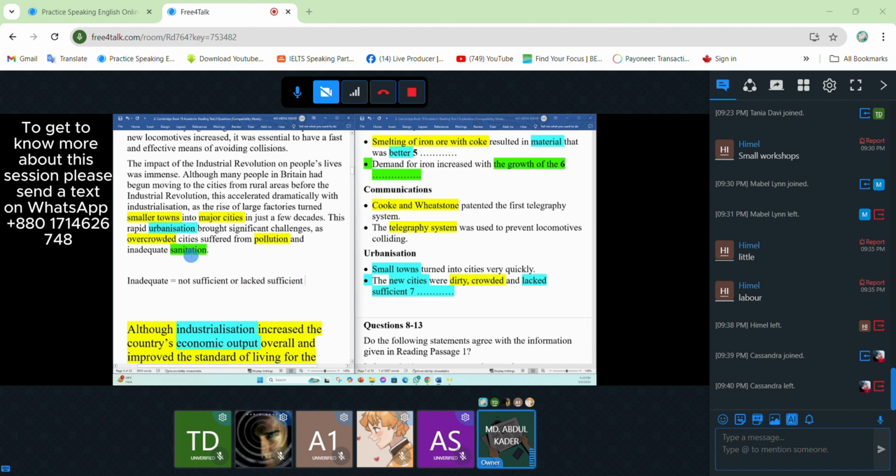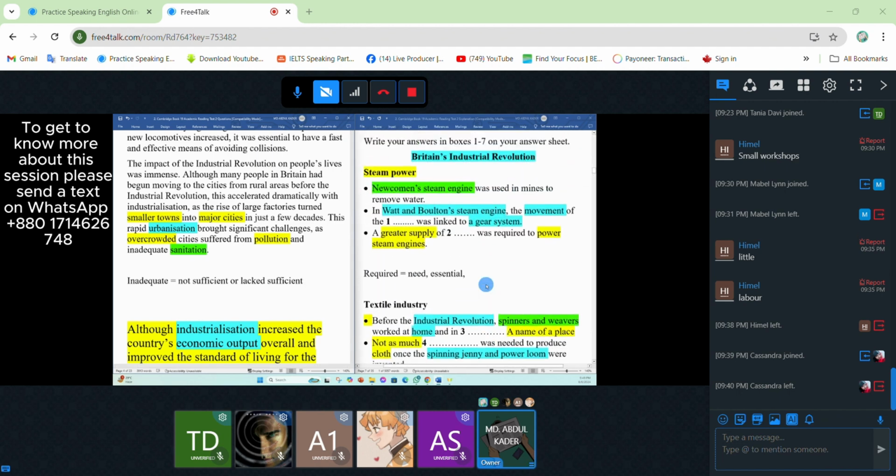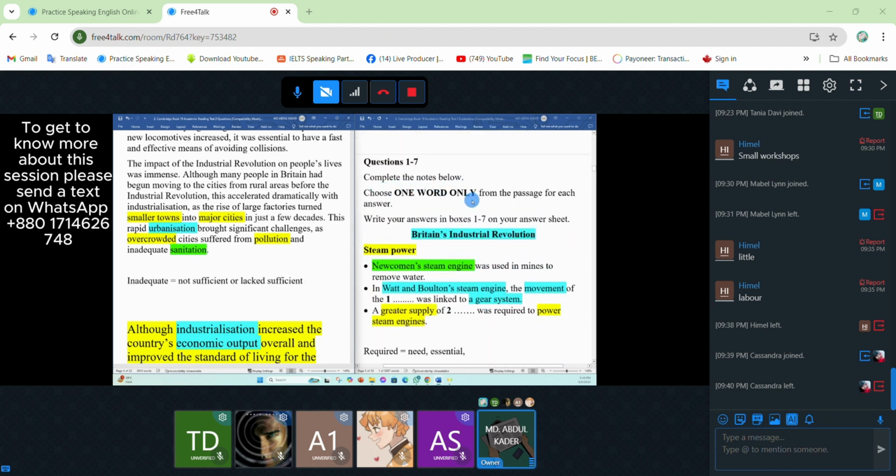So that is the answer: sanitation is our correct answer. Finally we've got all the answers from question number 1 to 7. Complete the notes below.